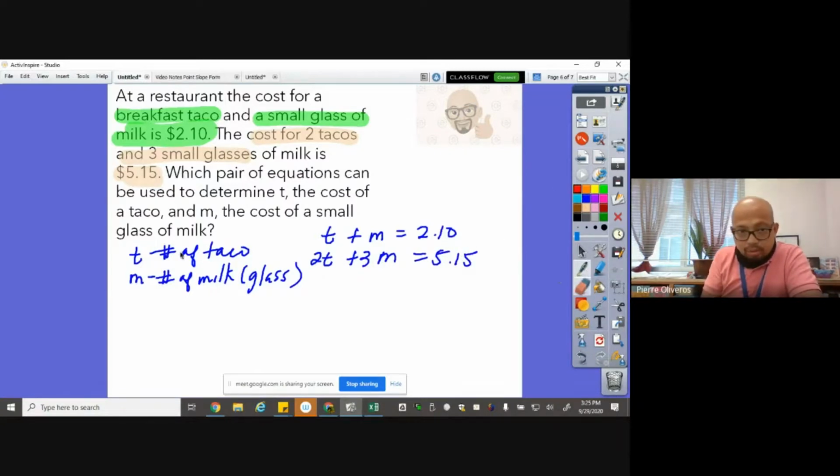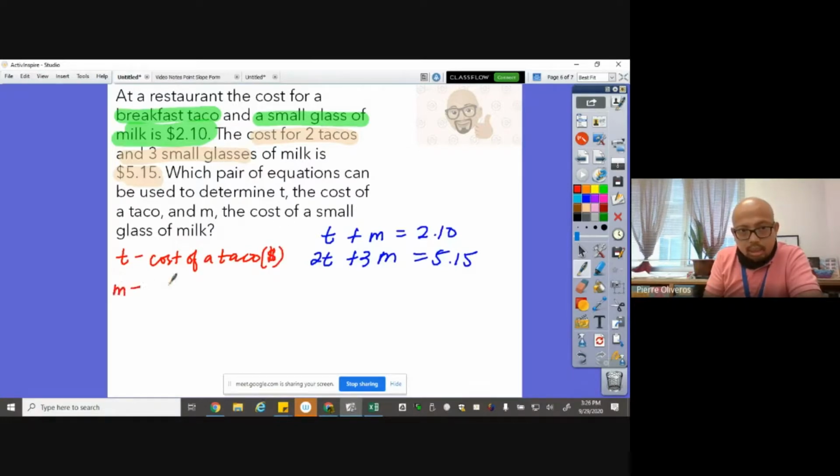This is not the number of tacos here. Let me erase it. Let me clear the variable. Make sure it's defined properly. T represents the price or the cost of one taco. So we're talking about dollars here.